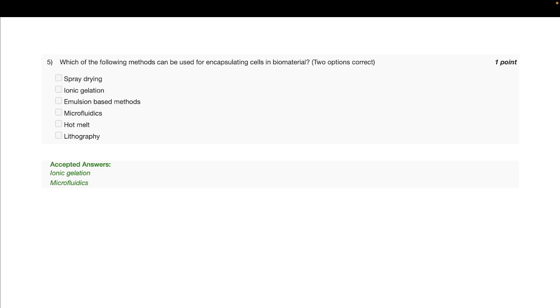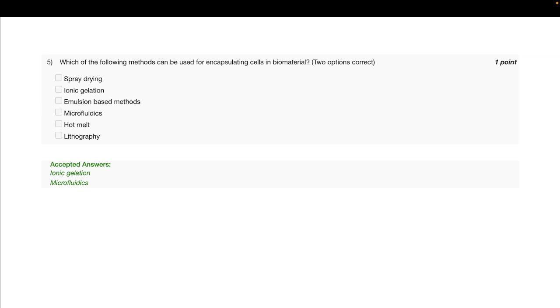Microfluidics is nothing but you make use of microfluidic devices to again do the same thing. You can entrap the cells inside these polymer membranes. The other methods, which are spray drying or emulsion based methods or hot melt, are actually not used for encapsulating cells, since these require a lot of energy. For example, in hot melt, you have higher temperature involved.